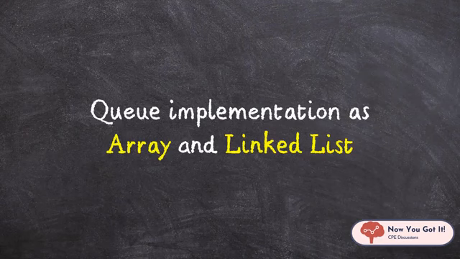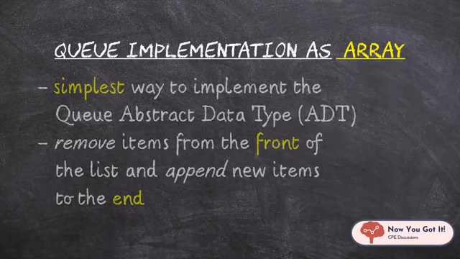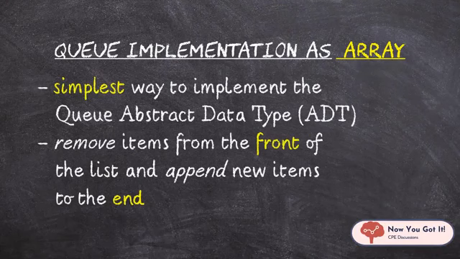Two of the approaches to implementing a queue is using an array or a linked list. The simplest way to implement a queue data structure is to use arrays. It provides the necessary operations for adding and removing items at the respective ends.